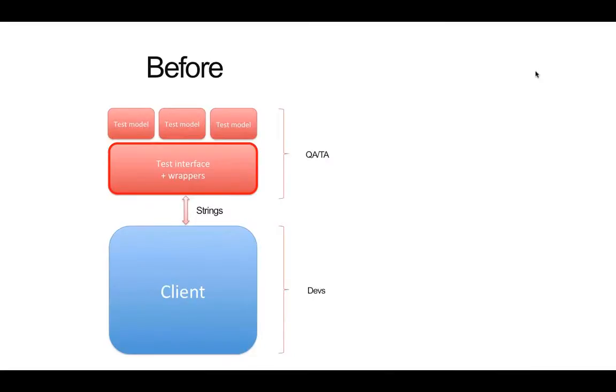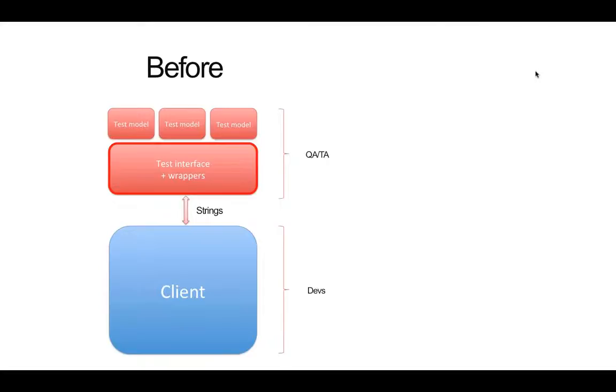Now, this is a typical example for both the Android and the iOS platform for us. This is how it used to look. We had some sort of a test interface, and we communicated with our clients using NanoRemote, which is an open source project, or BeanShell on the client side, and we sent a couple of strings back and forth.